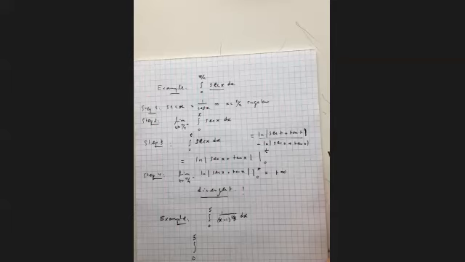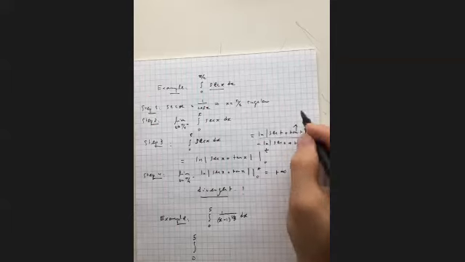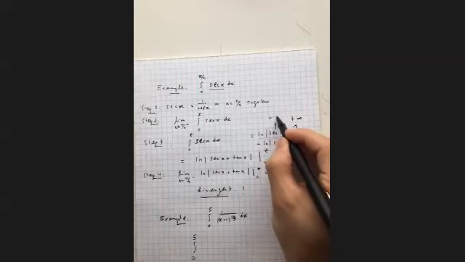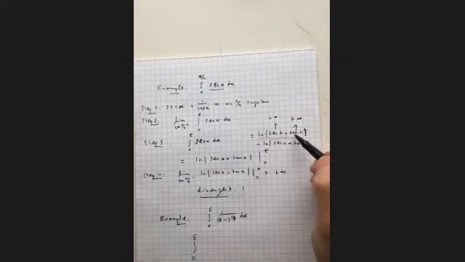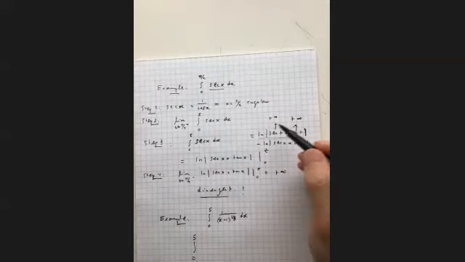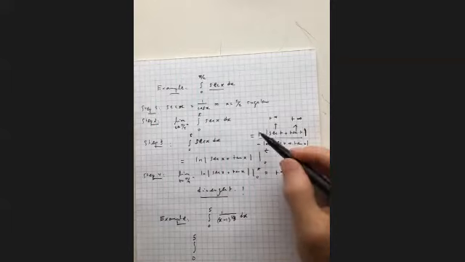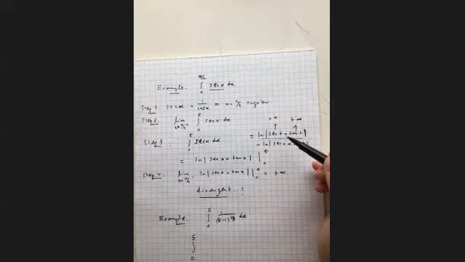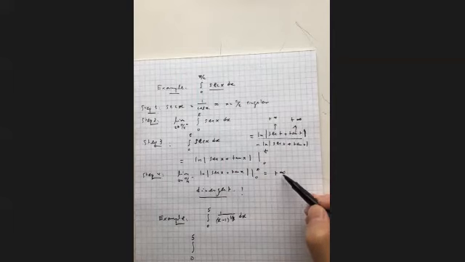But when t goes to pi over 2, where does tangent t go? It's going to positive infinity. Where does secant t go? It's going to positive infinity. So adding two positive infinities in the absolute value sign is positive infinity. And what is log of positive infinity? It's infinity, so that's how you get this. Okay, gotcha. Thank you.